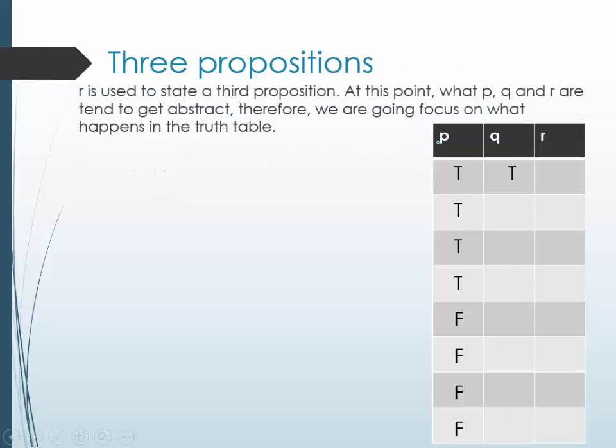Okay. Oh, good. So we are going to talk about 3 propositions. Are these all filled out for you? Well, that's great. Now, these ones are a little bit weird, but they do follow a pattern. You could go through and start true, true, true, and then true, false, true, but no, there's an actual pattern that you can do. The pattern is true, true, true, true, false, false, false, false.